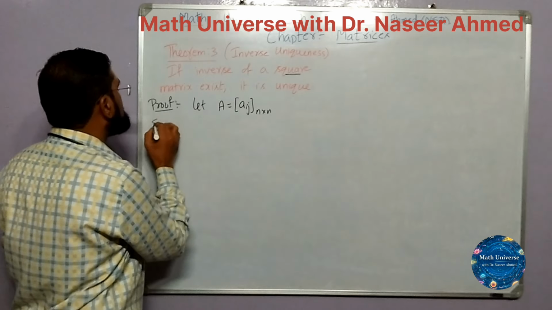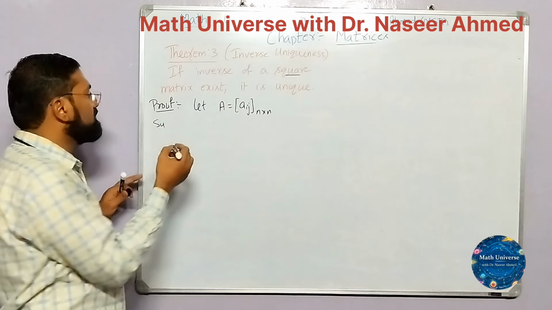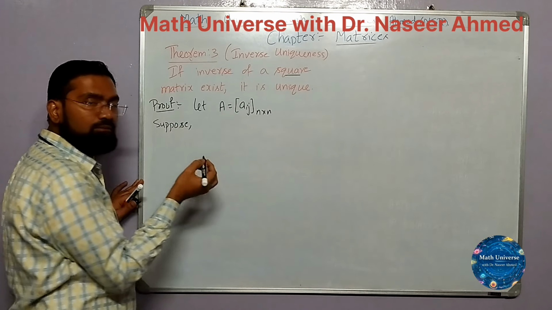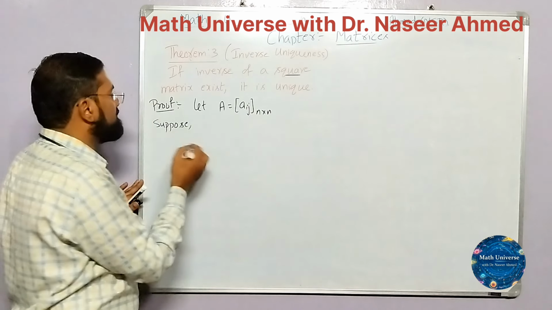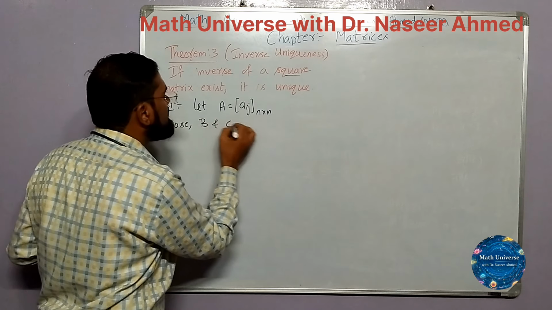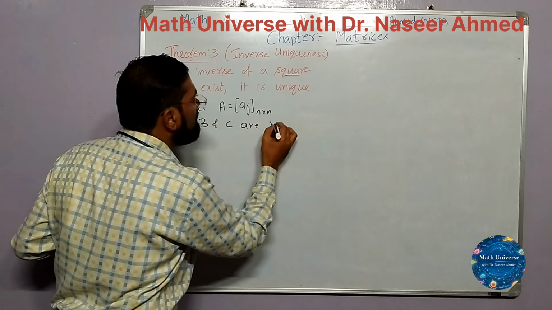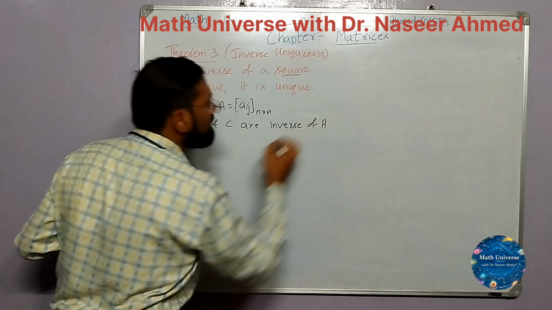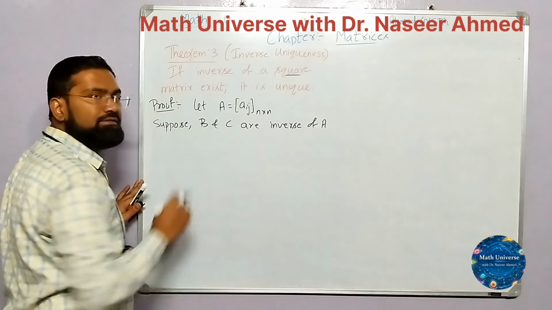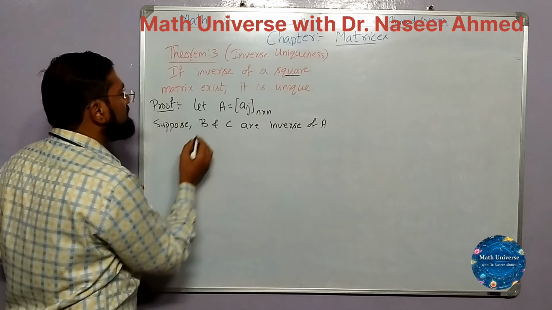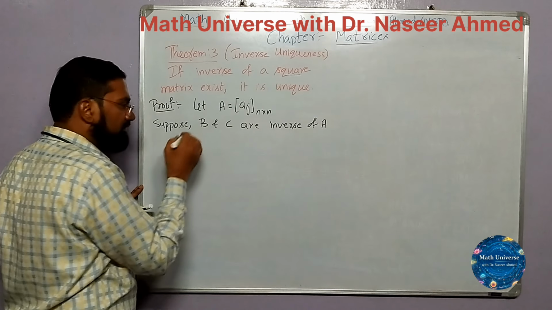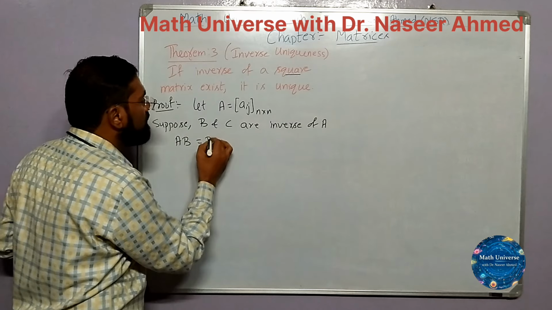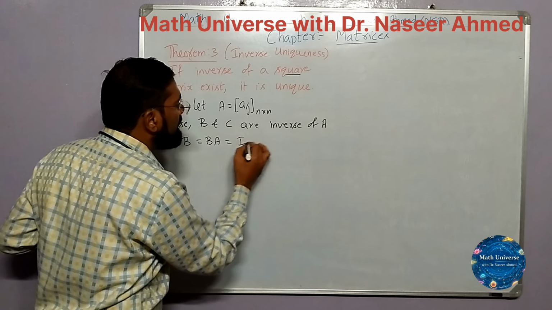So let us suppose that there are 2 matrices and both are inverses of A. So suppose B and C are inverses of matrix A. Now I have to prove that B is equal to C. Since B is inverse of A, the definition of invertible matrix says A into B is equal to B into A is equal to identity.